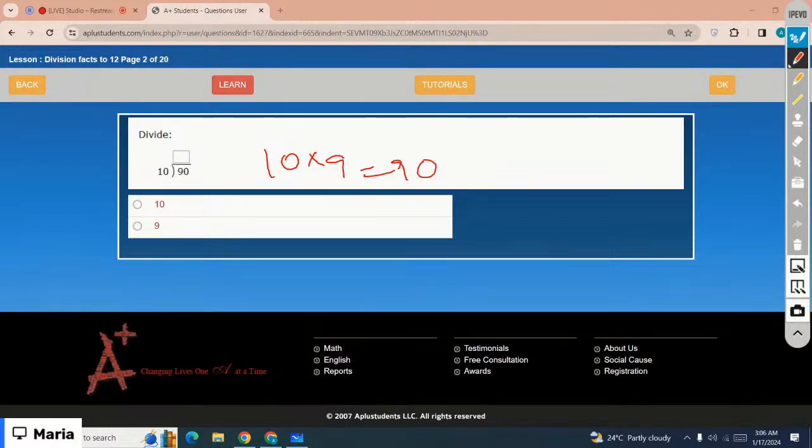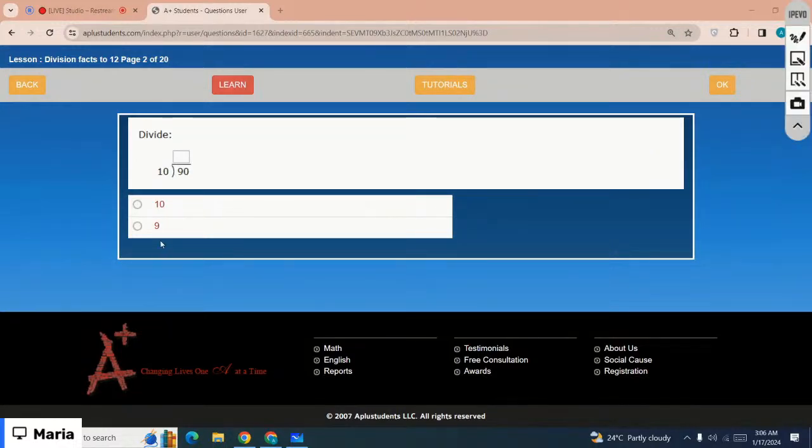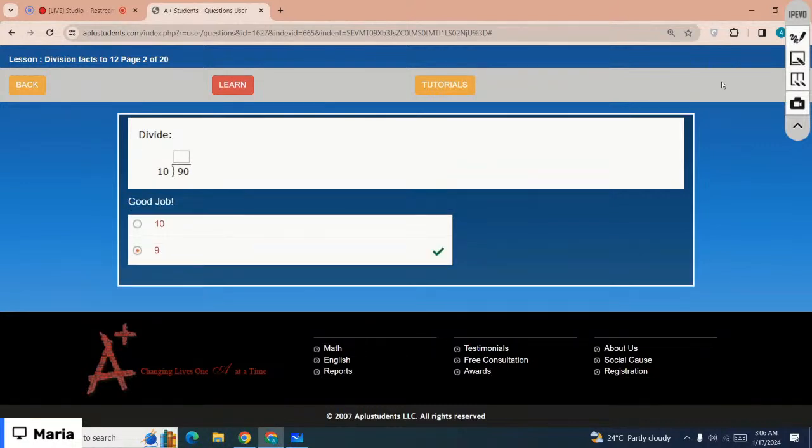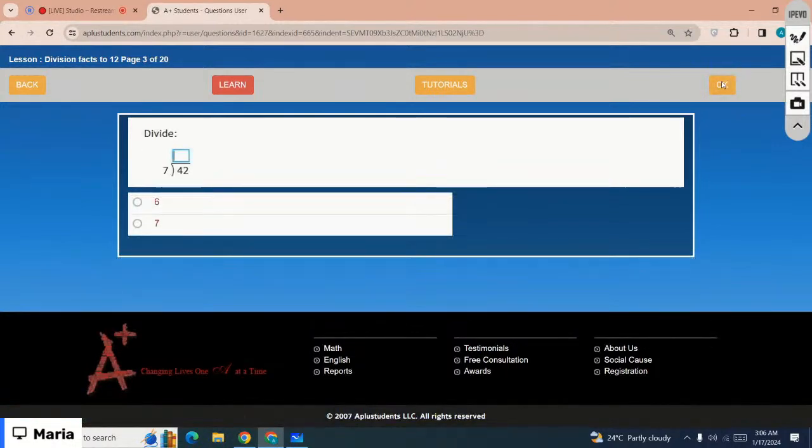Very good. So the correct option is 9. So that's why I always want you to work on the tables, right? Tables are a very important part of mathematics. You need to be perfect with the tables if you want to be perfect with multiplication and division also, right?